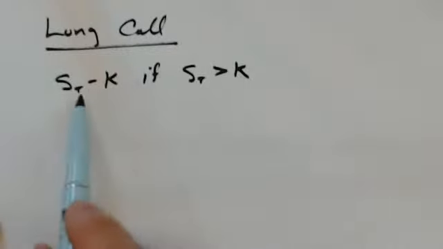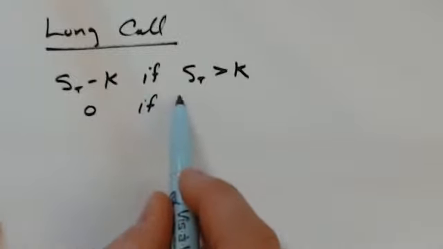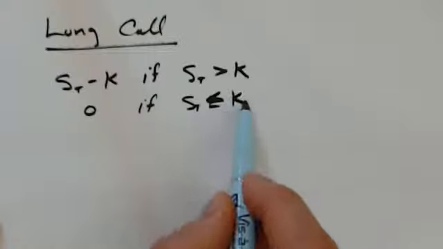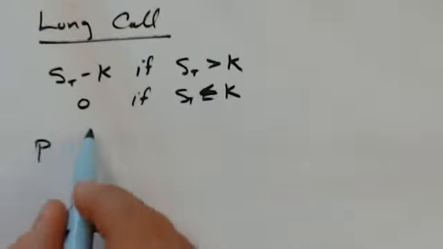It's zero otherwise, that is, if ST is less than or equal to K. And the profit, so that's the payoff.